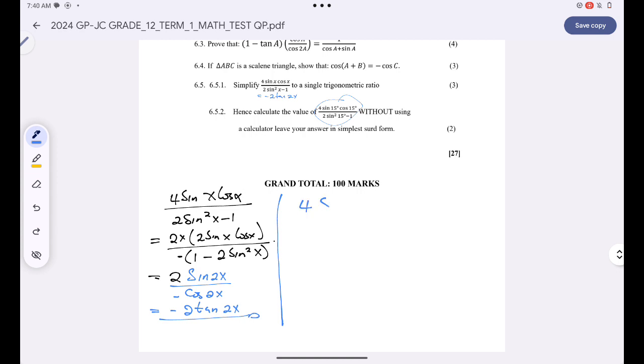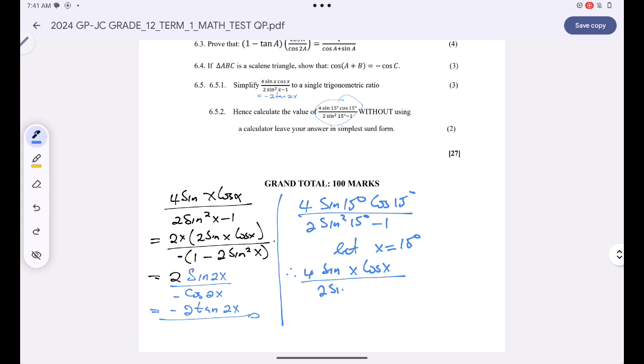I have 4 sine of 15 degrees cos of 15 degrees all over 2 sine squared 15 minus 1. If I let x be equal to 15 degrees, I will end up having 4 sine x cos x all over 2 sine squared x minus 1.